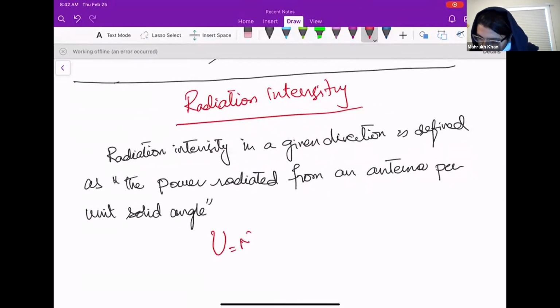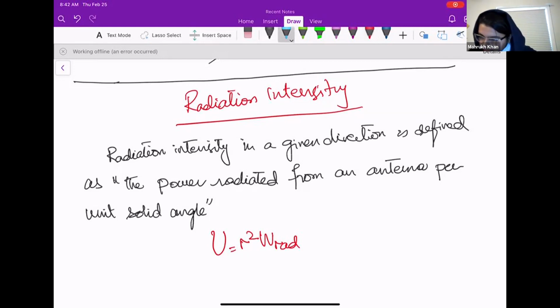It is actually equal to R square W rad, or average power density. So we are taking the factor of R out of it. So radiation intensity will be only dependent on your theta and phi. It will combine its R square factor in radiation density. So that's the difference.